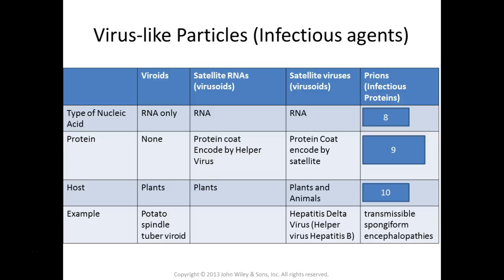So basically a virus has been infected by a virus. In this case, a satellite virus. Why do we call it a satellite? Again, it can't infect cells on its own. It needs the envelope and those proteins that are made by the hepatitis B virus. So you can't get hepatitis D without B. It's a co-infection.